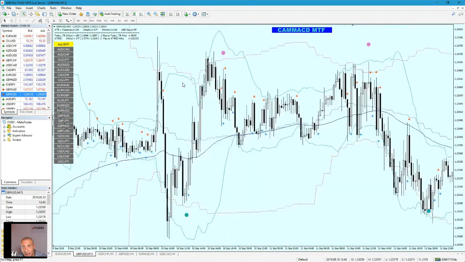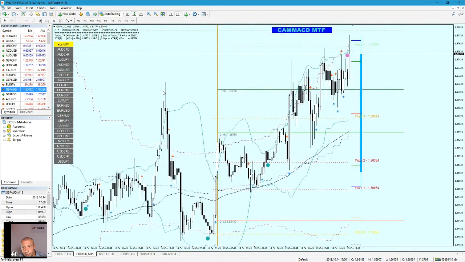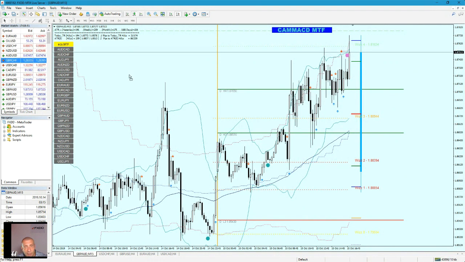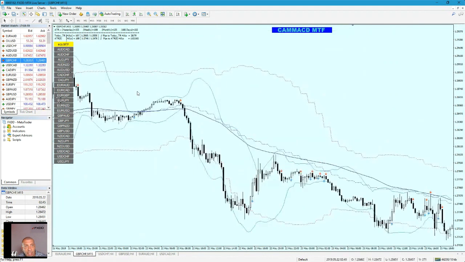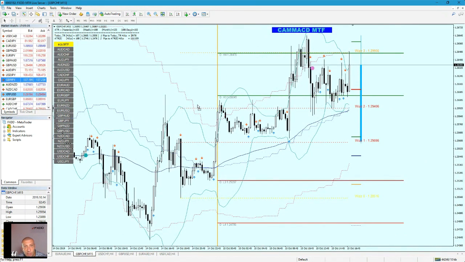Let me check if I have anything on 15 minutes regarding these GBP trades. Yeah, this was the last re-entry dot. I will check GBP. No entries on these.